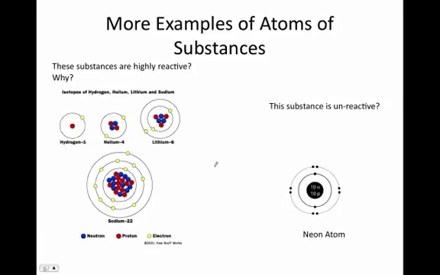So, how do we know how many protons, neutrons, and electrons are in an atom?